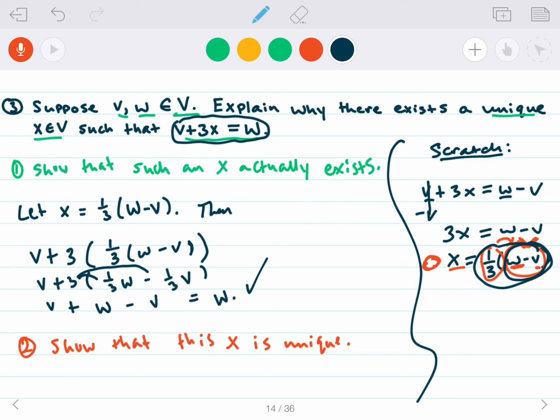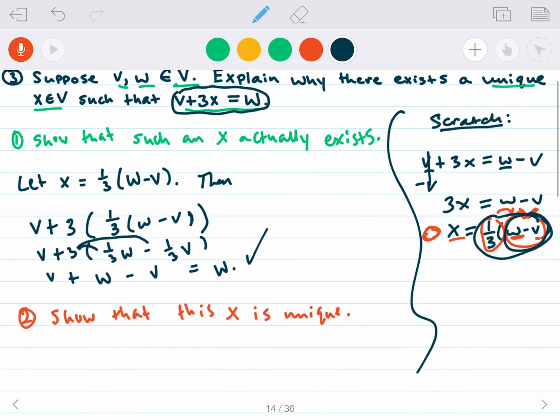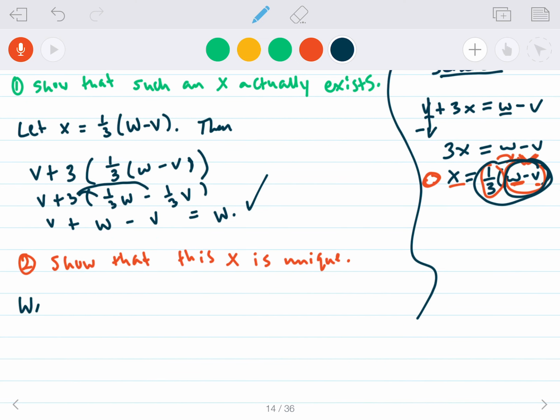Excellent. Okay, now we need to show that this is unique. So we claim that this x is unique.